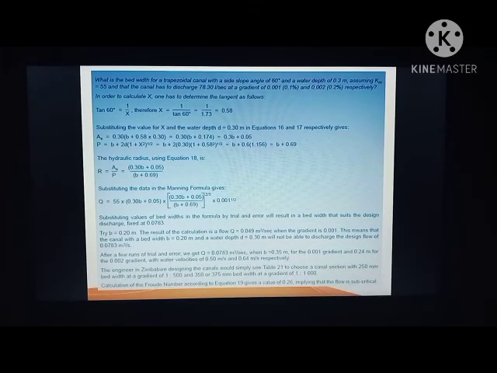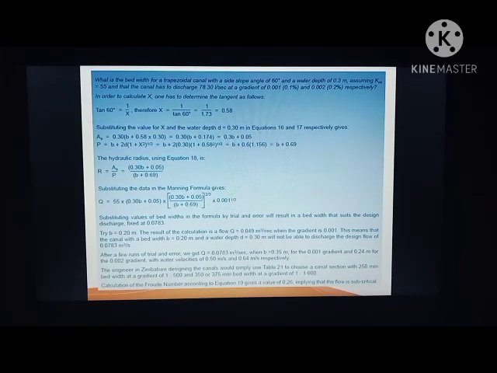The hydraulic radius using equation 18 is R equal to area over perimeter. We have the equation of (0.30b plus 0.05) over (b plus 0.69).